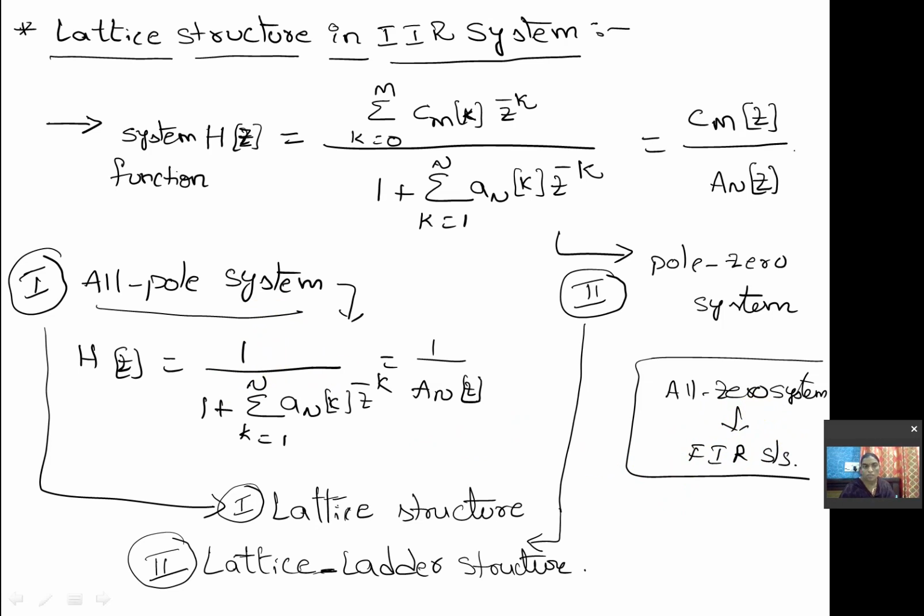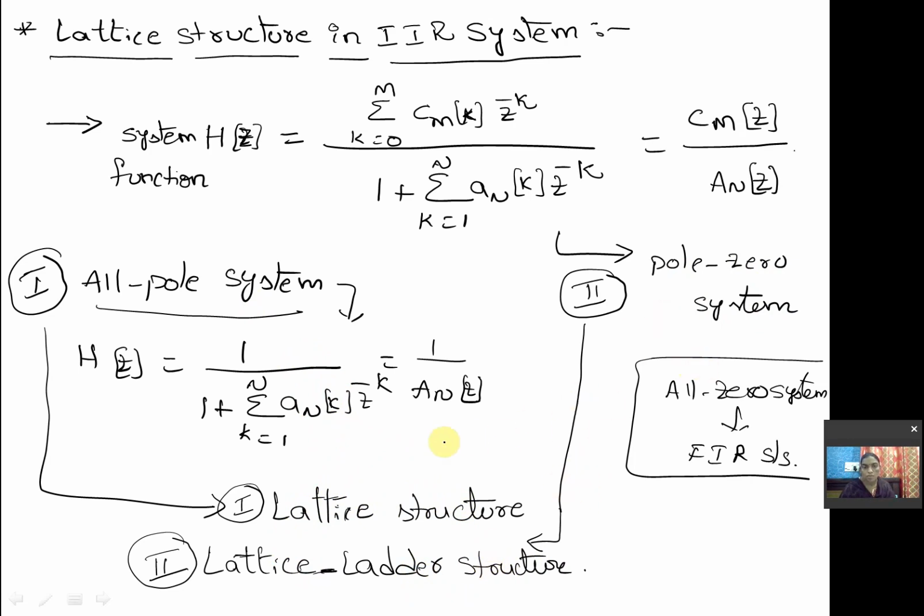Then from the all pole system, by adding the zeros, the numerator polynomials, we develop the lattice ladder structure. That means firstly we observe the direct form structure for the pole zero system. In that case, we take the all pole system lattice structure realization and combine it with the ladder structure from the direct form.